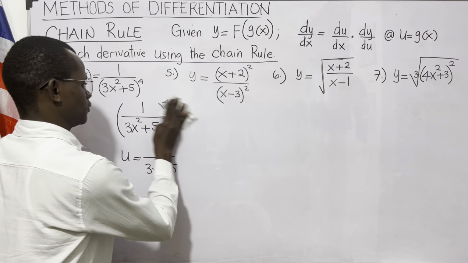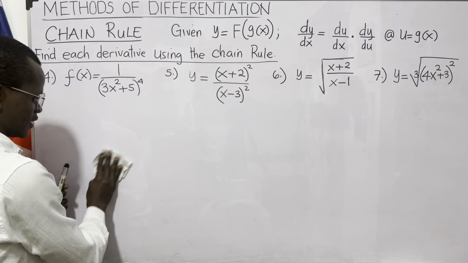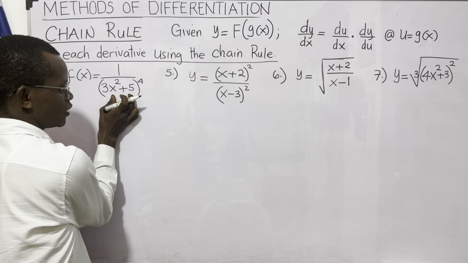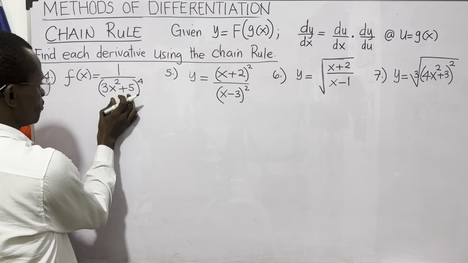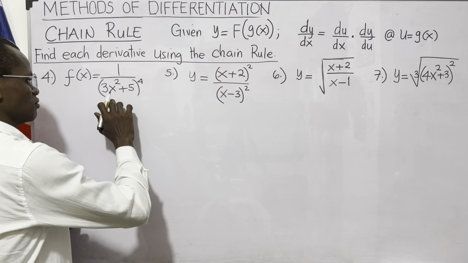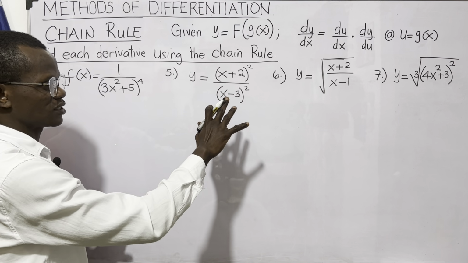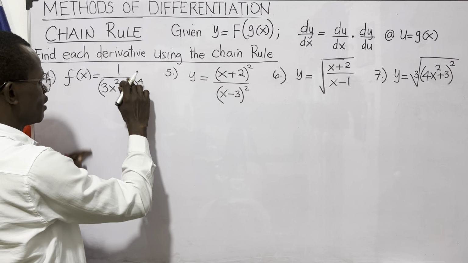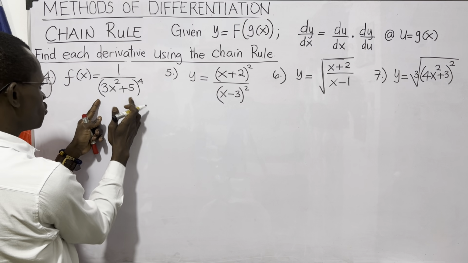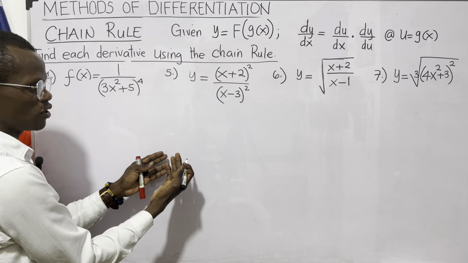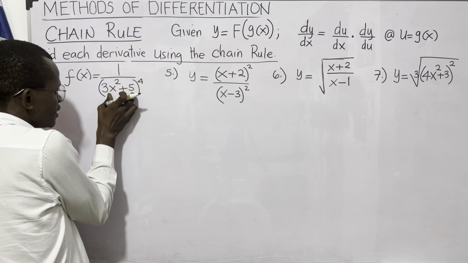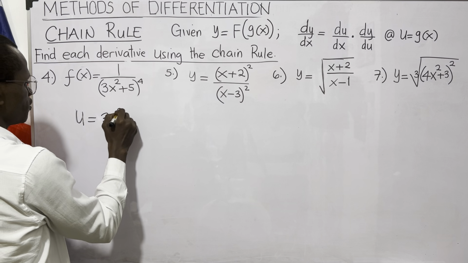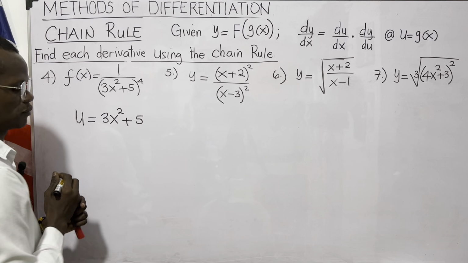So if I may advise, take what is within here to be your u, because assume that this expression was some kind of 7 terms, right? And if you are using the quotient rule after you have rewritten it like this, it might just give you a tough time. So take what is in here to be your u. So we say let u equal 3x to the second power plus 5.